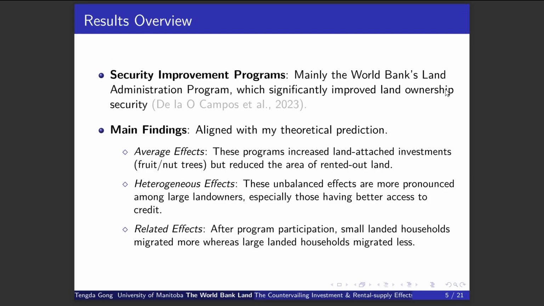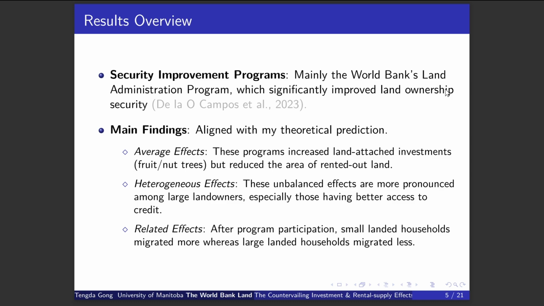We mostly rely on the World Bank's land administration program, called PRODEP. The recent literature shows that it has improved land ownership security perception. We find similar results, and then we find more on the resource allocation aspect. On average, these programs increase land-attached investments, mostly trees but not cash crop trees, but reduce the area of rented out land.